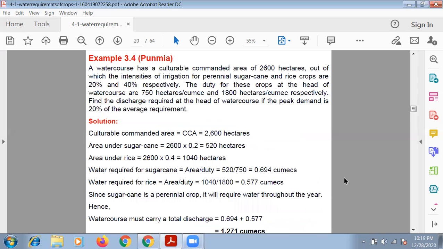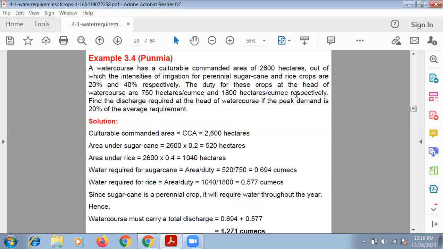So the next problem is: the watercourse has a culturable command area of 2,600 hectares, out of which the intensities of irrigation for perennial sugarcane and rice crops are 20% and 40% respectively.